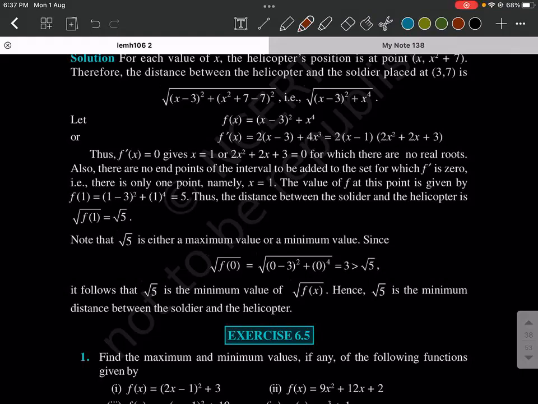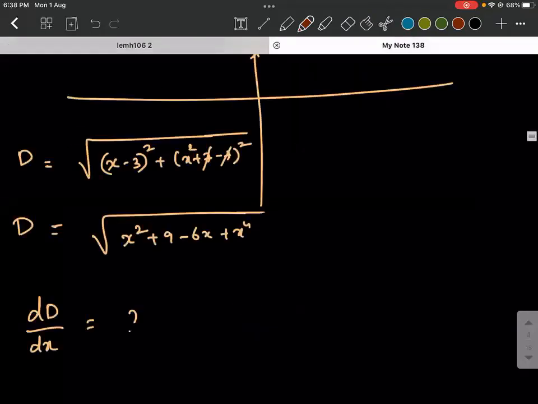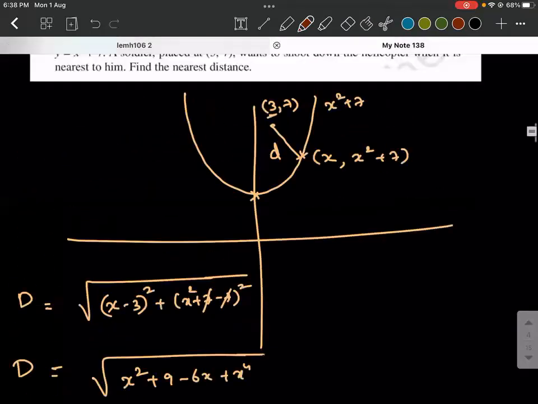X1 distance is what they asked. I think 3 is a point. I think 3 is not a point. X equal to 3 la y value another.